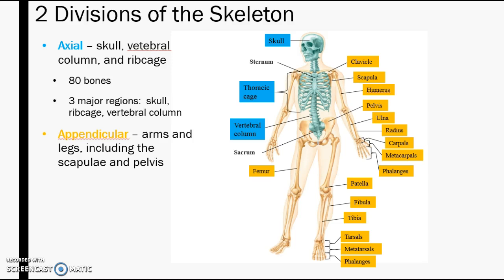So they're color-coded there to help you see. Where a lot of people mess up is thinking that the clavicle and scapula, because they do sit over the rib cage, sometimes it gets confused that they're part of the axial skeleton. They are actually part of the shoulder girdle, so they are part of the appendicular skeleton.